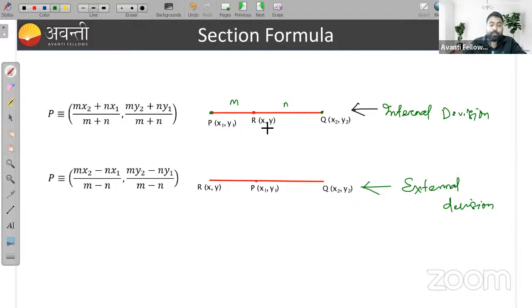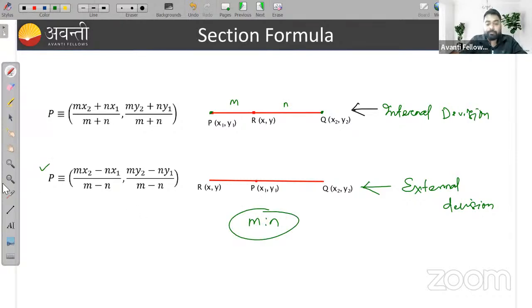The coordinates of point R will be (mx2 + nx1)/(m + n) and (my2 + ny1)/(m + n). If I ask you, if the point R divides the line PQ externally in the ratio m is to n, then what should be the coordinates of point R?